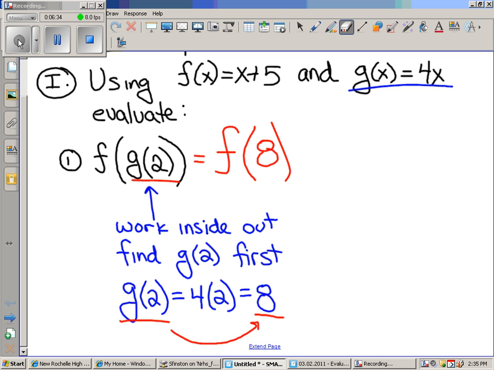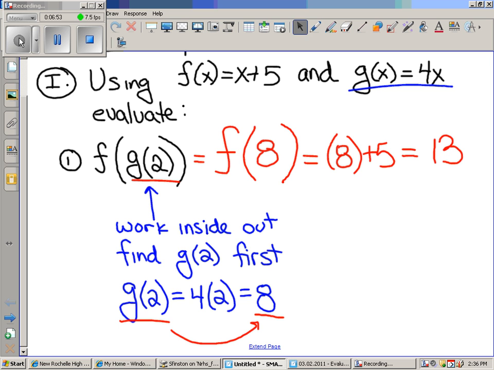Whoops, that's a messed up line. How much is f at 8? So instead of x, we put an 8. And that's going to be 8 plus 5, which is 13. And that's our final answer. Okay. That's awesome.